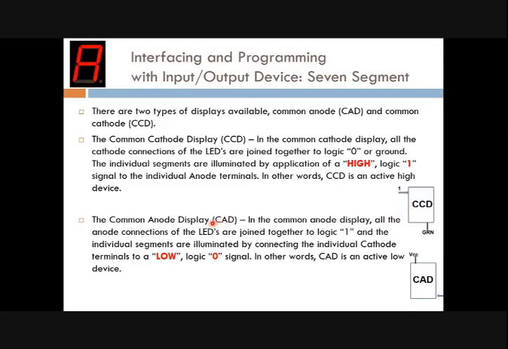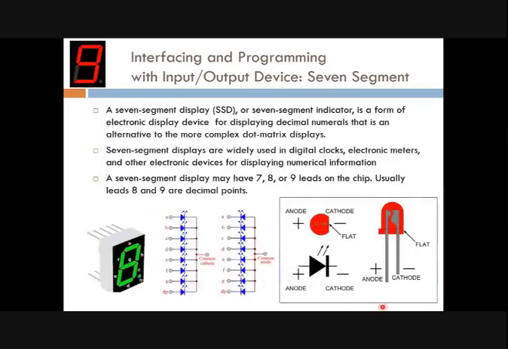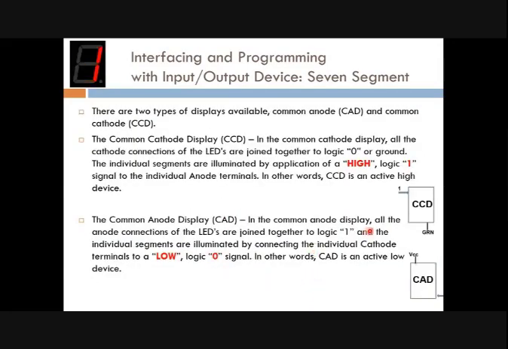But for the CAD, common anode display, the anode would be here, the positive side. The anodes are joined together to a logic 1. So this is the CAD configuration. The common here, you can connect to a logic 1 or to the source.